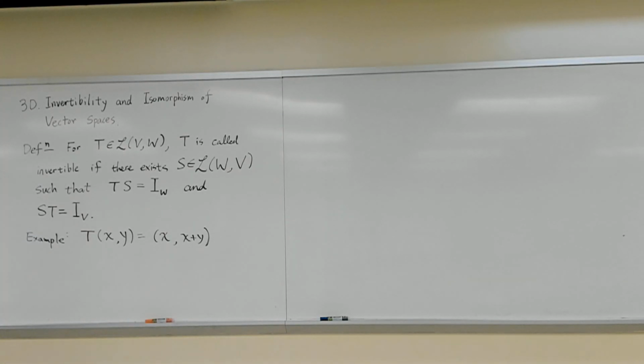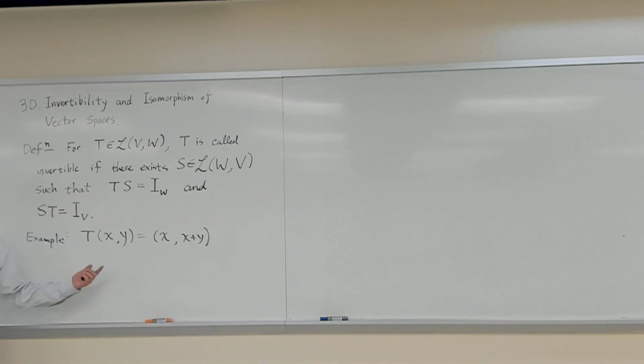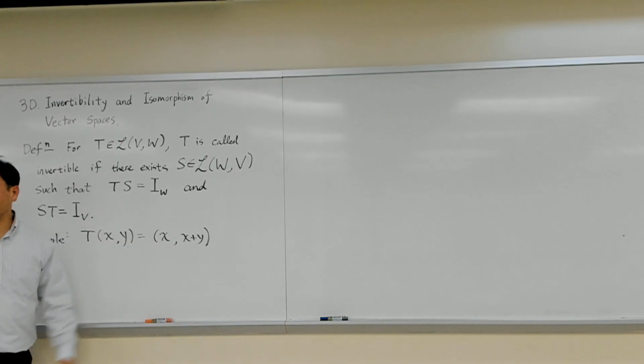In other words, I have to find some matrix, some linear map that would undo this thing. So, for example, (1, 1) is sent to (1, 2), right? So I need something else that sends (1, 2) to (1, 1). What else? (1, 0) is sent to (1, 1). So (1, 1) has to be sent to (1, 0).